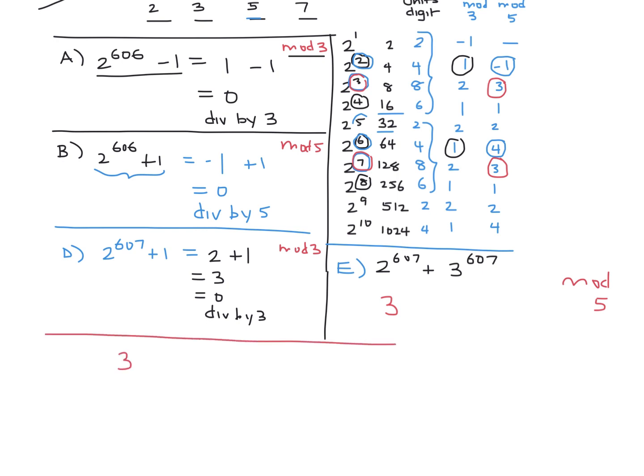Now I've got to figure out values of 3. So 3 to the 1, 3 to the 2, 3 to the 3, 3 to the 4, 3 to the 5. So this is 3, 9, 27, 81, 243. So the units digit is a 3971 repeating pattern. And then mod 5, this looks like negative 2.